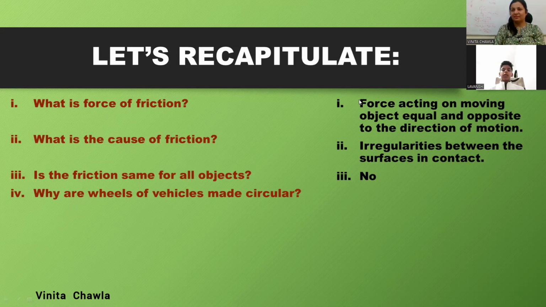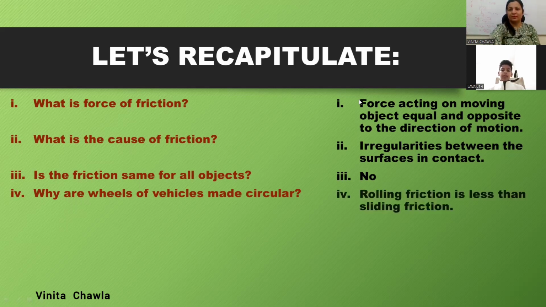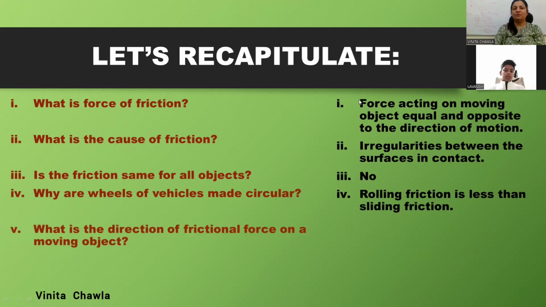They have less interlocking. Yes, because rolling friction is less than sliding friction, and therefore they are made circular. Next question. What is the direction of frictional force on a moving object? Opposite to the direction of motion.